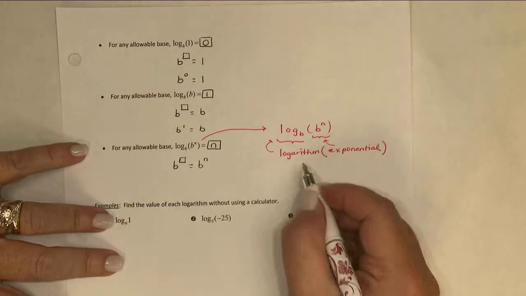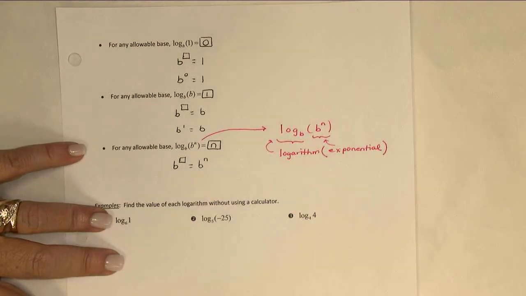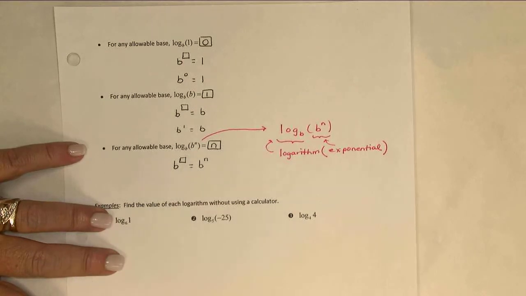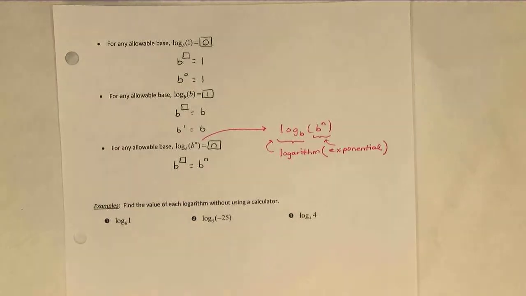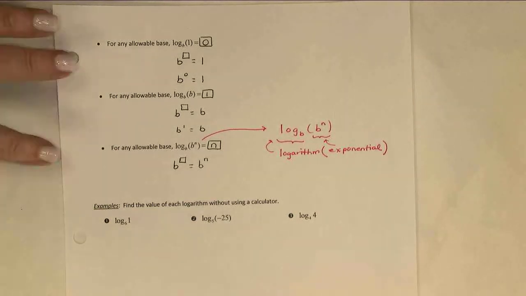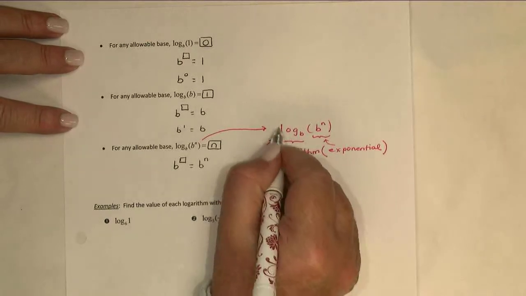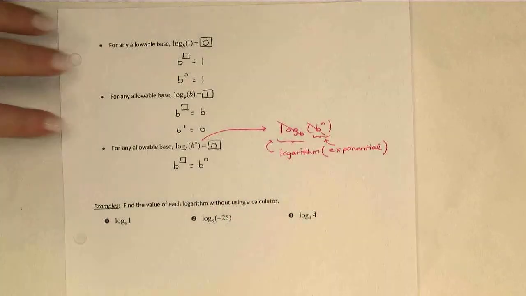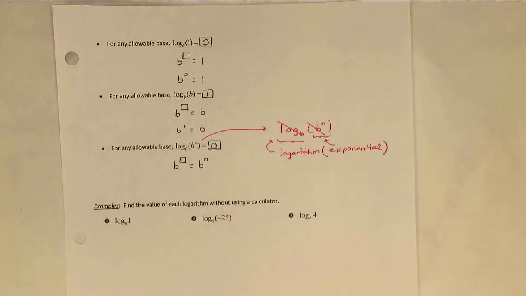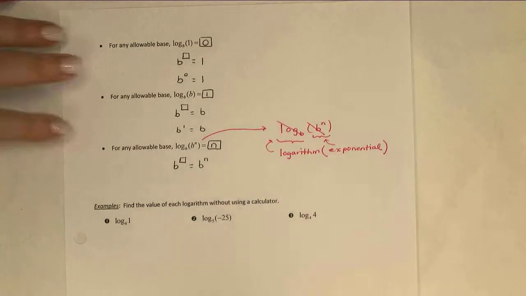And anytime I take the composition of inverse functions, I just get back what I started with, which would just be the n. So this is a perfect example of inverse functions acting on one another. In general, we often say logarithm and exponential are inverses. They essentially, one does something, one undoes it, and we end up just with the n value.